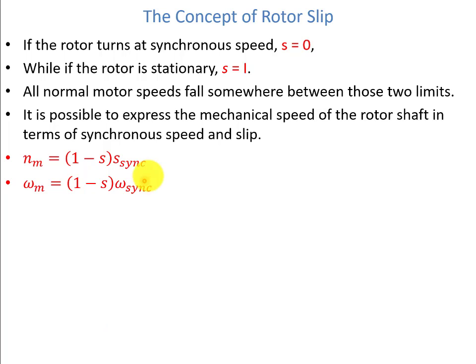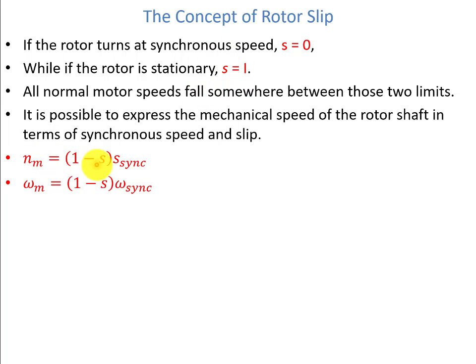So slip can have different values. If the rotor turns at synchronous speed, obviously slip will be 0, because nm will be equal to n synchronous. And if the rotor is stationary, at standstill or when we are just starting the motor, at that point the rotor slip will be 1.